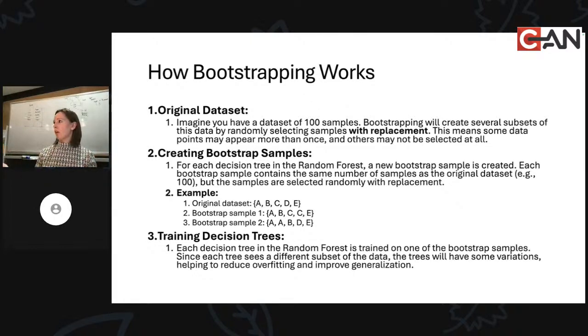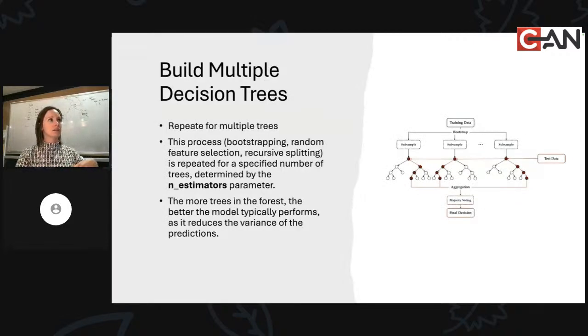It won't be in all of your trees. It will only be in some of your trees. So over time, the influence that that very biased observation is having on your model is kind of smoothed out. It's not as much of a problem. It's not as influential because some of the time it doesn't exist in that data set. And when that doesn't exist, other features will be prioritized.